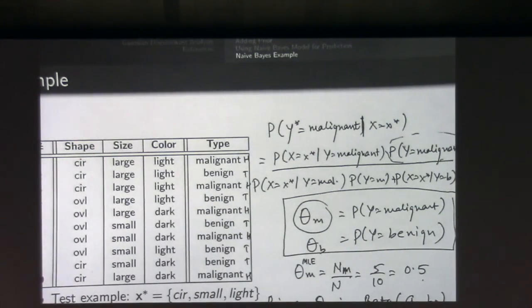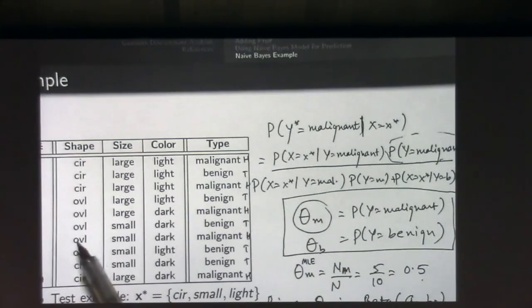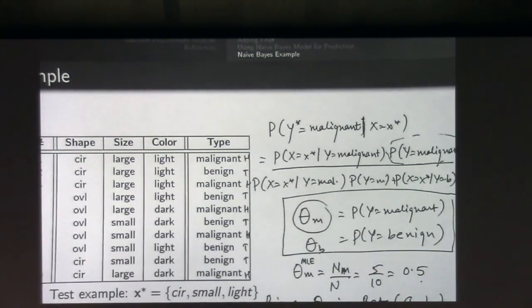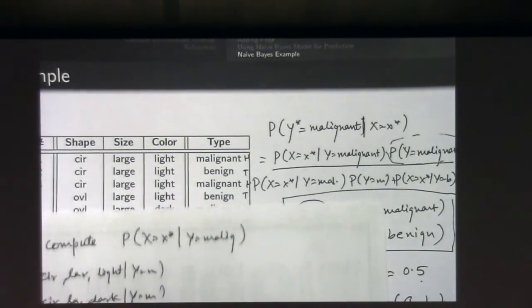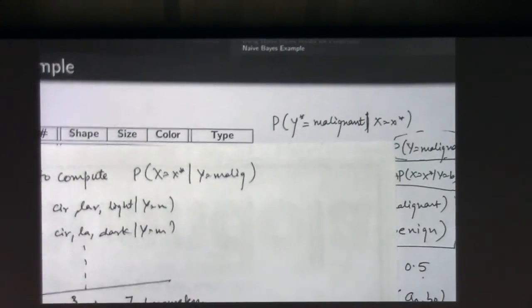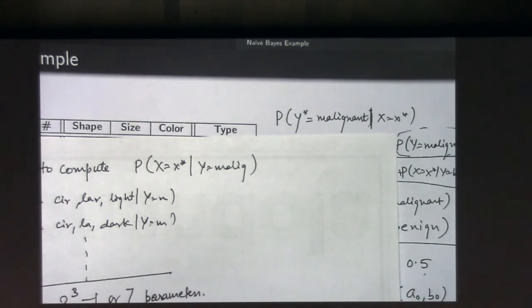Now what will happen is that if you have too many combinations, you will need a lot of data to ensure that those combinations occur a significant number of times, right? So that becomes an issue, especially when d becomes very large, this 2 power 3 becomes 2 power d, and you need a lot of data. So obviously we don't want to do that.